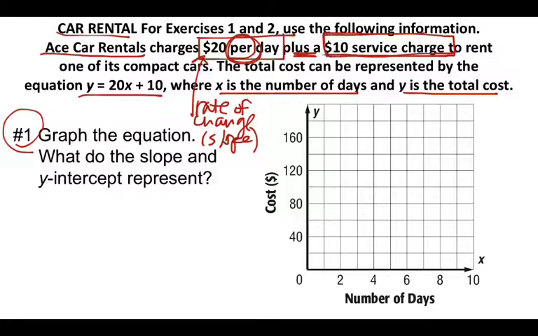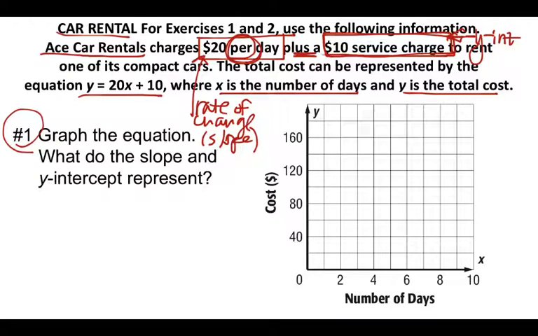So anytime you have some sort of service charge, initial fee, a charge or a number that is kind of like a flat rate, a number that doesn't change, a number that no matter what you do, that number is set. A service charge works that way. This is like our y-intercept.